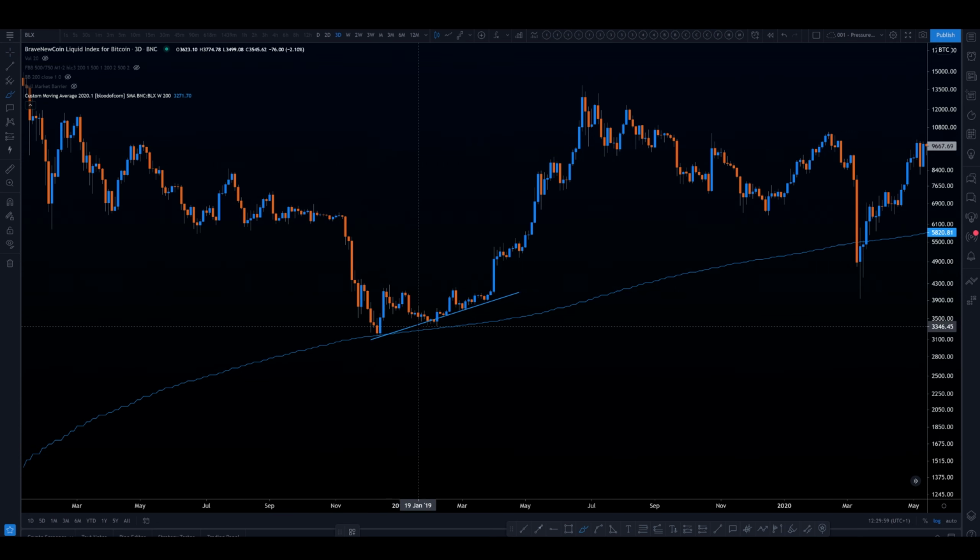But as you can see, we kind of formed this trend line. But where did it come from? The trend line was visible only from this point on because it went through here and then it met here with the support again. So it was formed over the course of several months.